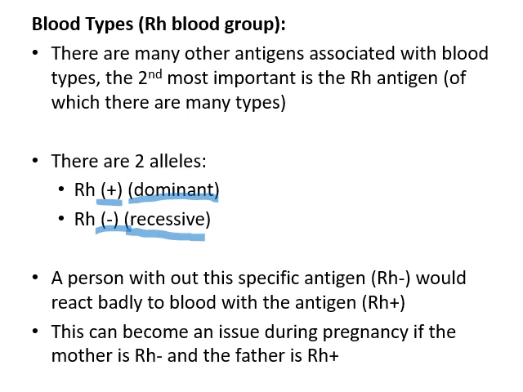Within your blood, you will have one or the other. You'll be positive or you'll be negative. If you are Rh negative, you can't have Rh positive blood put into your body, because you would have a reaction to that blood since you yourself are Rh negative.